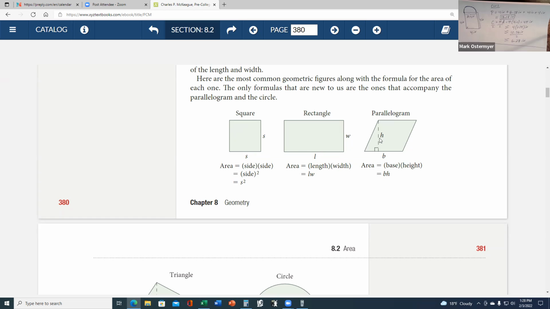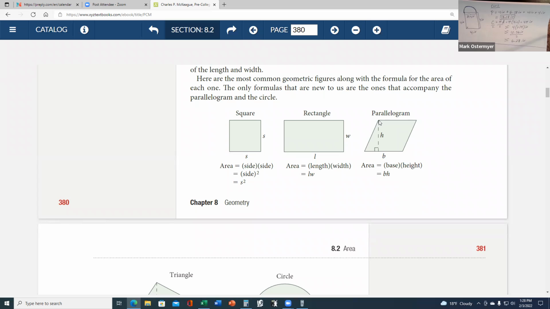Okay. But how would you find the area of a parallelogram? Well, ladies and gentlemen, you would take the length of the base of a parallelogram and you would multiply it by the altitude or the height of the parallelogram. And the altitude or the height of the parallelogram is found by taking a line and dropping it perpendicularly down to one of the sides of the parallelogram.